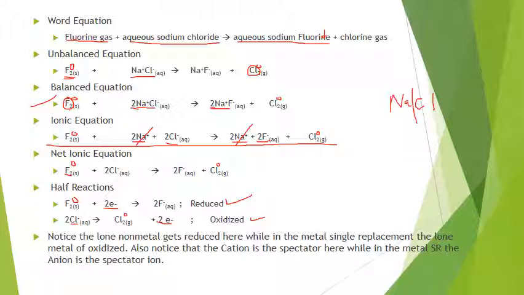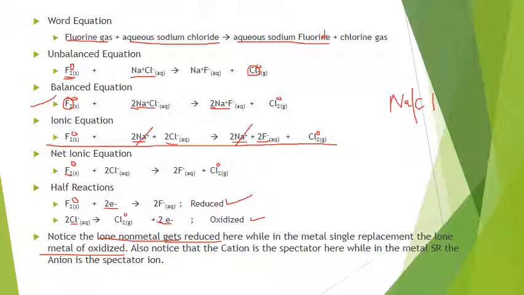Okay, now notice here the lone nonmetal gets reduced. In the metal single replacement, it was the opposite. The lone metal got oxidized. So in this type of reaction, nonmetal single replacement, the lone nonmetal gets reduced and the metal gets oxidized.